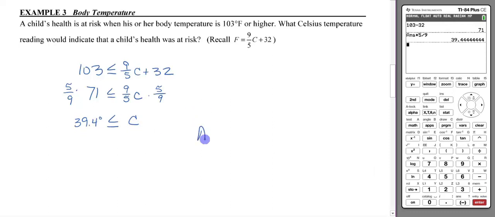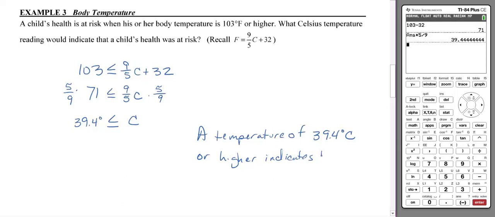So a temperature of 39.4 degrees Celsius or higher indicates the child's health is at risk.